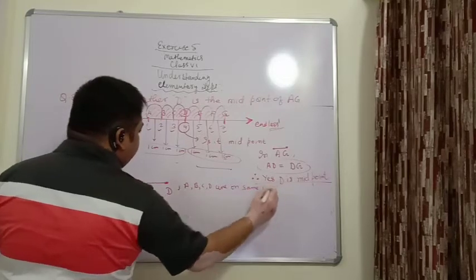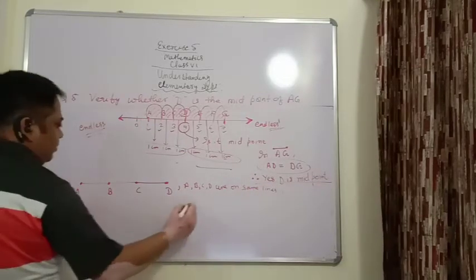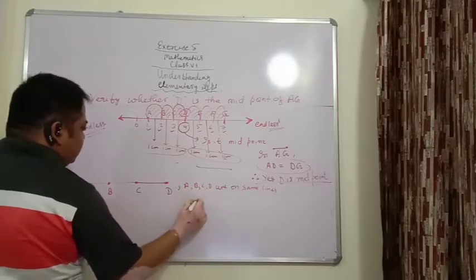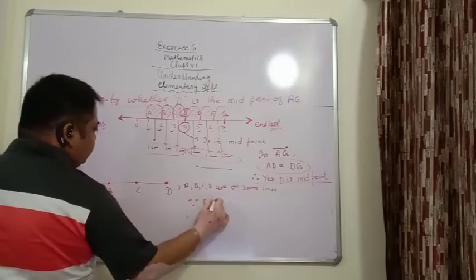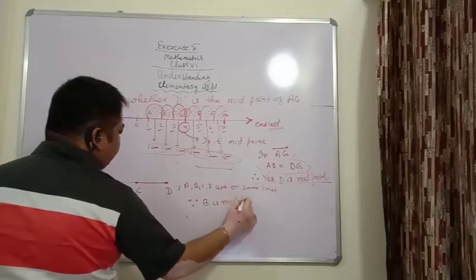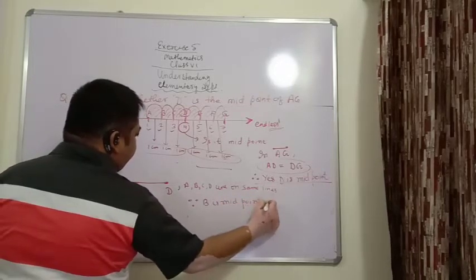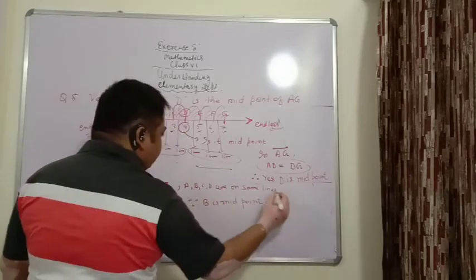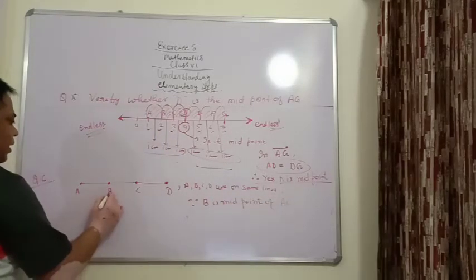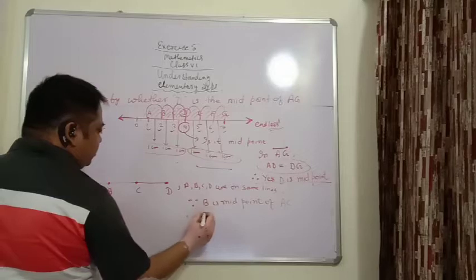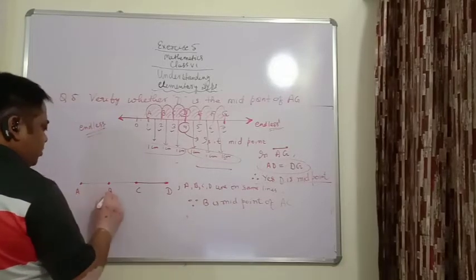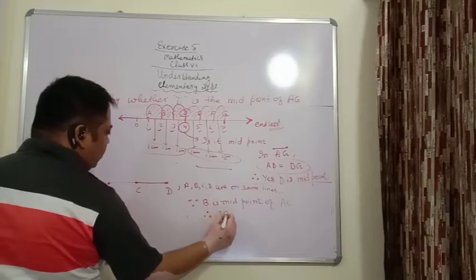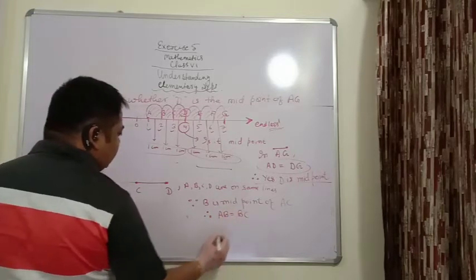It is given that B is the midpoint of AC and C is the midpoint, therefore AB is equal to BC.